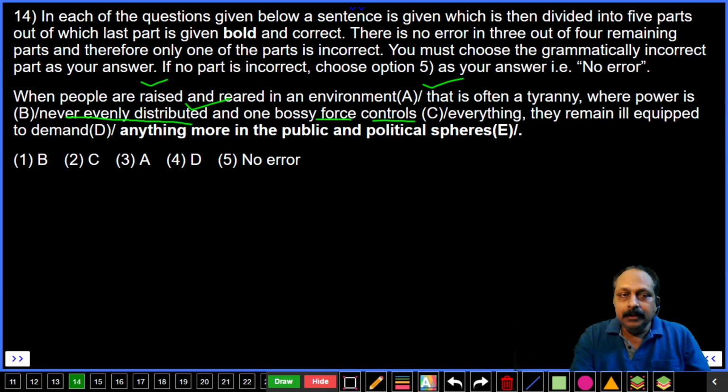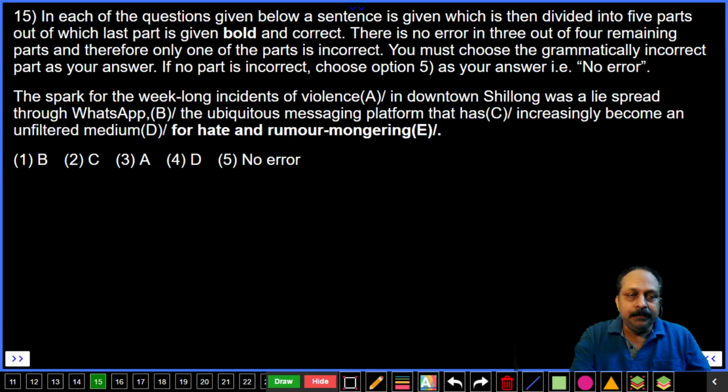They remain, here people, they remain ill equipped to demand anything more in the public and political spheres. This part as such is correct. So answer is no error. Fifth option. Not easy.